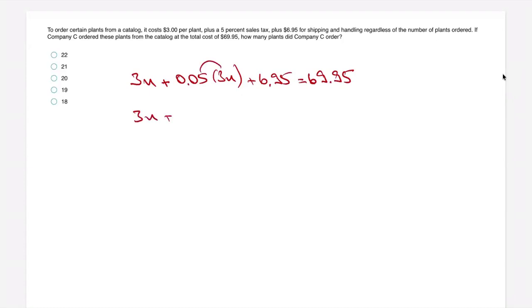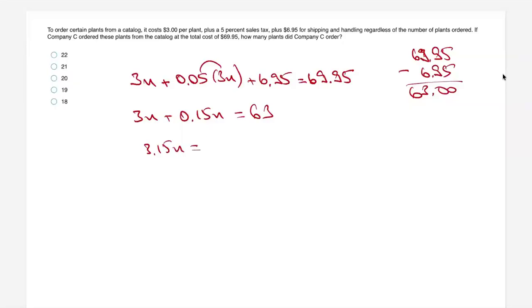So 3N, 3 times 1.05N, equals 69.95 minus 6.95, which is 63. So 3.15N equals 63. I multiply by 100 to get rid of the decimal.